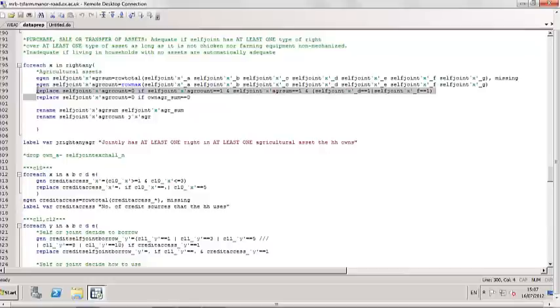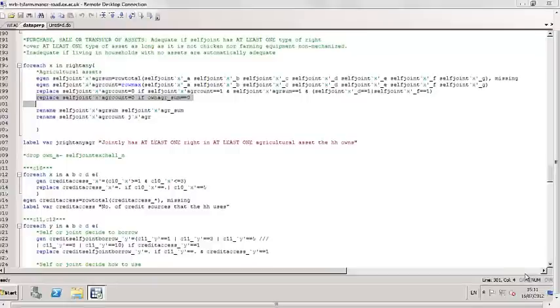It's these two agricultural assets. If the individual has only one agricultural asset and it's one of these two assets, we still consider them inadequate in terms of purchase, sale, or transfer of assets. Also, if the individual lives in a household where there are no agricultural types of assets, we also consider him inadequate.